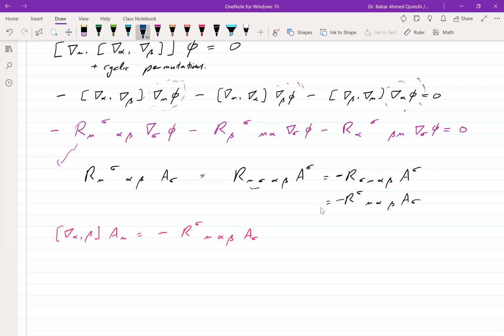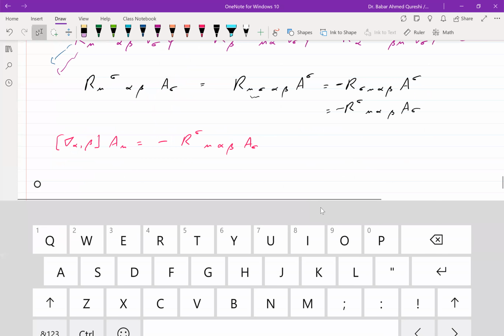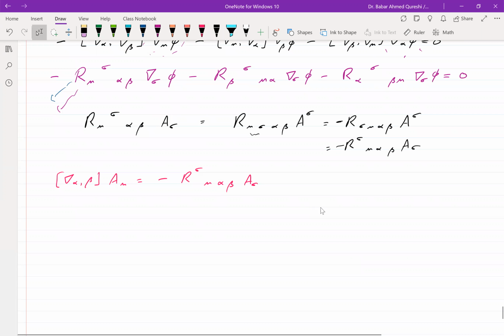So using these, I already have a minus, so I can flip and I can write it like this.